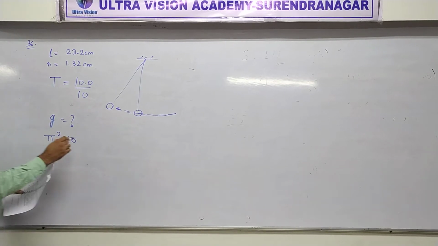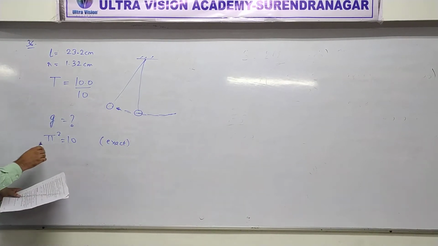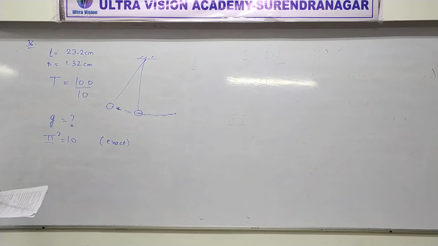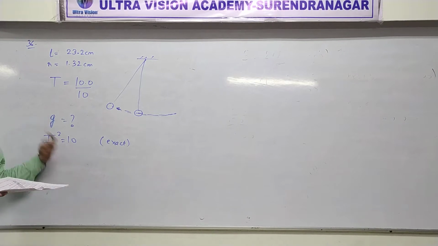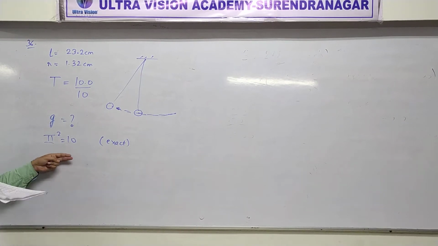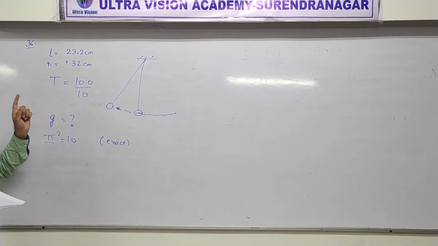Again, this is going to be exact, because we know that pi and other such numbers are known up to many significant digits. So when we have to put the value, we can take as many significant digits as we want. So this can be written as 10.000000, as many zeros as you want.